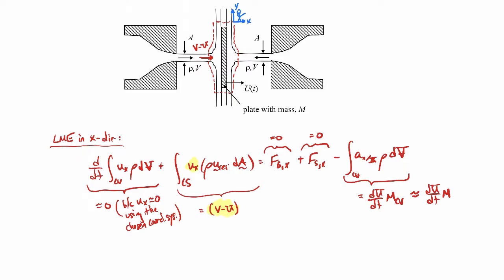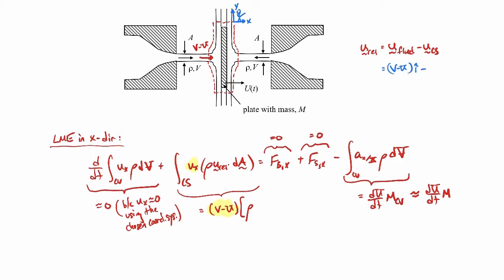Now we need to do the mass flow rate term. So here we have the density times the relative velocity. Now remember, relative velocity is the velocity of the fluid minus the velocity of the control surface. If I use my blue coordinate system up here, then the velocity of the fluid we just worked out a moment ago is just v minus u in the i hat direction.